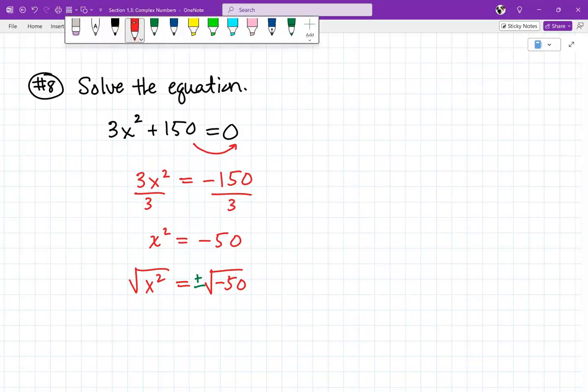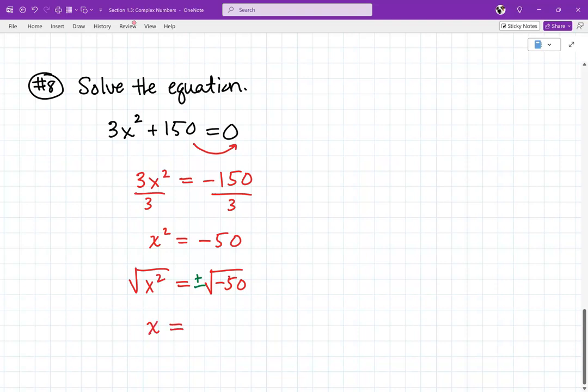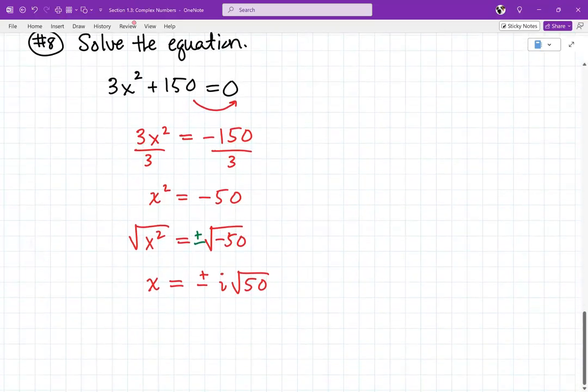So it's plus or minus. Now, on the left side, we have x. On the right side, well, this is plus or minus the square root of negative 50. We already told you guys if you see a negative inside the square root, bring it out as an i. So it's going to be plus or minus i square root of 50. We literally just did the square root of 50 earlier, right? I think it was the very first problem.